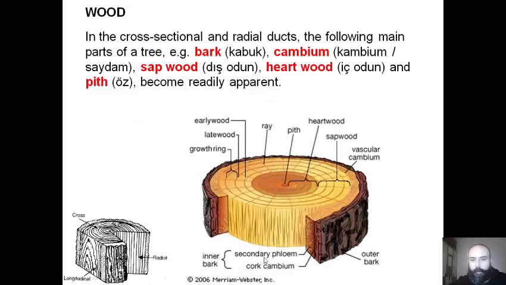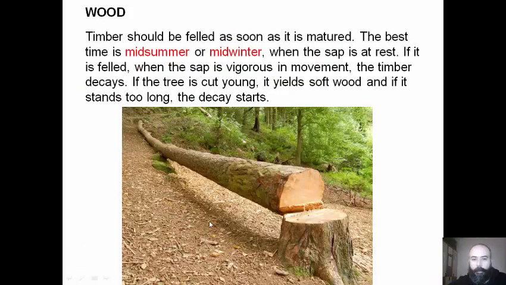In the cross-sectional and radial cuts, the following main parts of a tree are readily apparent: the bark, the outermost layer, the cambium, the sapwood, which we have here with the light color, with dark color the heartwood, and the pith in the center.